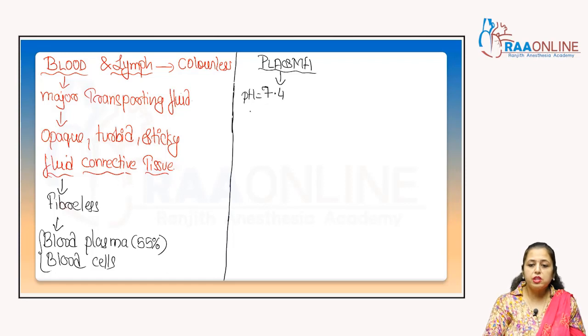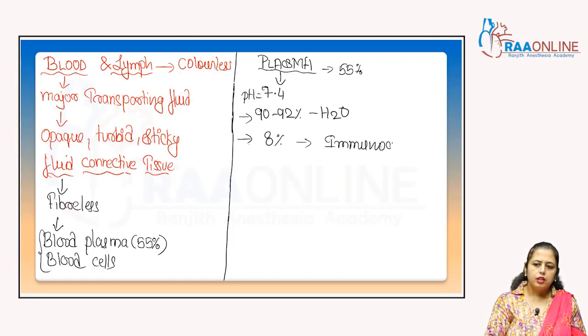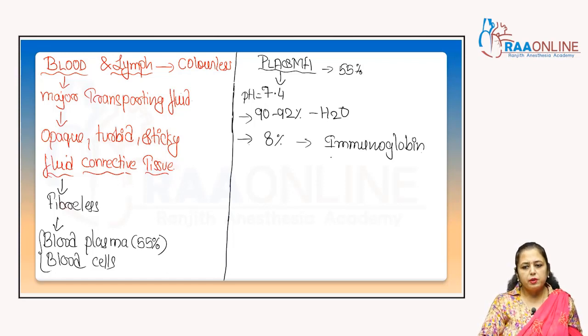Mainly it consists of 55% of the blood, in which 90 to 92% is water. In the other 8% are the rest of the substances like immunoglobulins, which secrete antibodies, and defense substances like lysozyme and properdin.